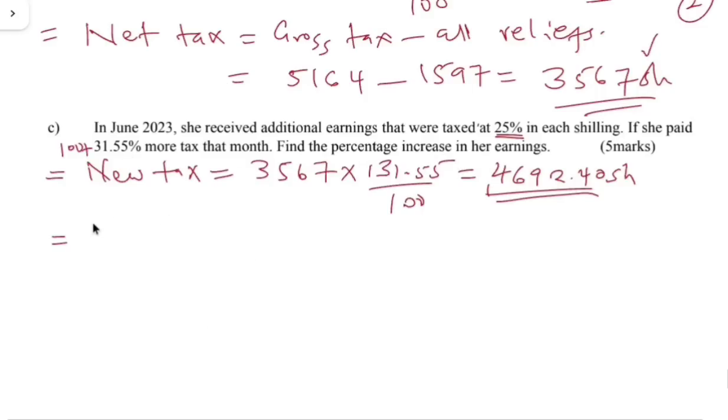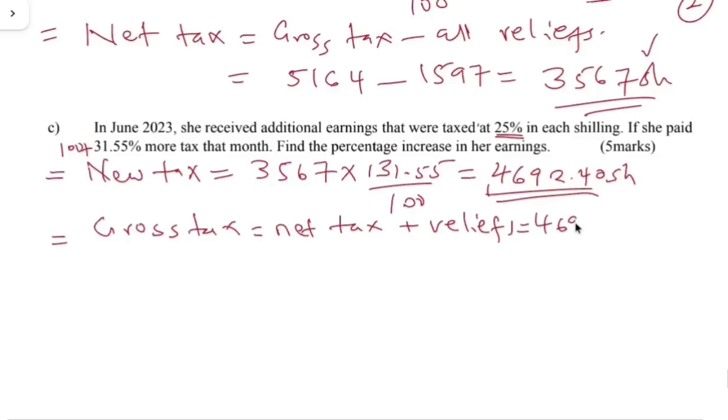Sasa gross tax yako obviously your gross tax is given by your net tax, okay, plus reliefs. So your net tax ni 4692.40 plus all the reliefs, which is 1597.